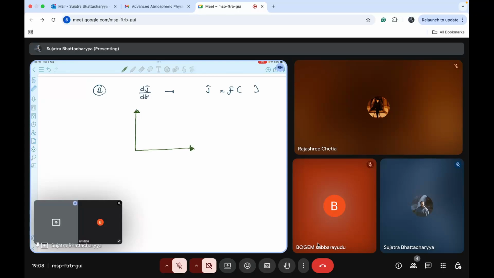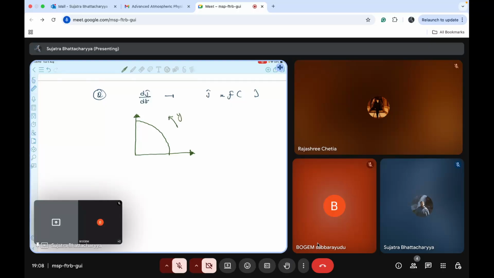Suppose this is your surface, and you know what the j hat direction is. So this is your y direction, positive y direction. Here, this is your j hat. At some point at delta y distance, your j hat becomes this. Is there a change in j hat? Yes, there is a change.